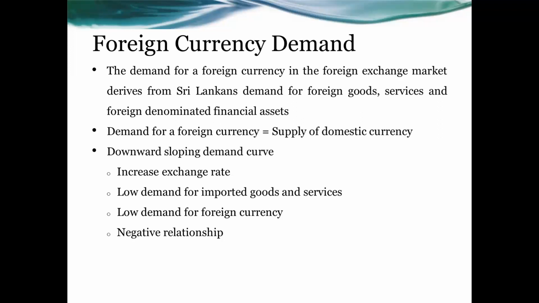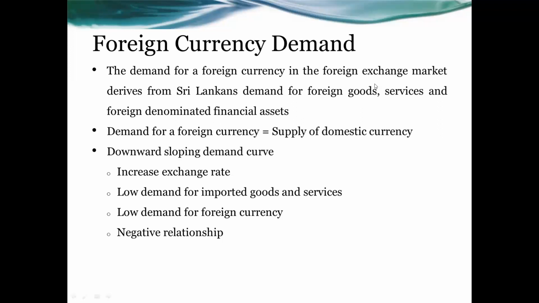Therefore, demand for foreign currency is exactly equal to supply of domestic currency. I believe you understand those two scenarios. What we so-called demand for foreign currency means, we always supply the domestic currency.